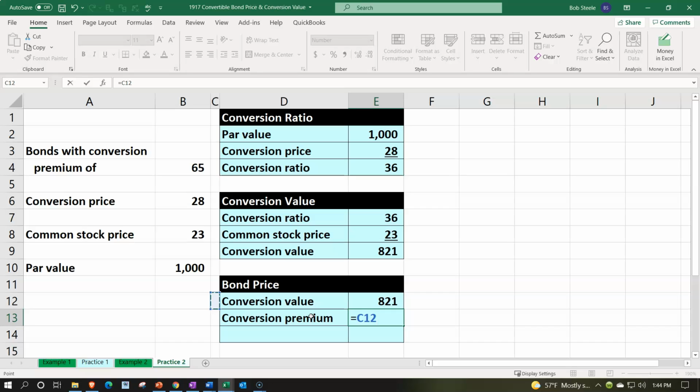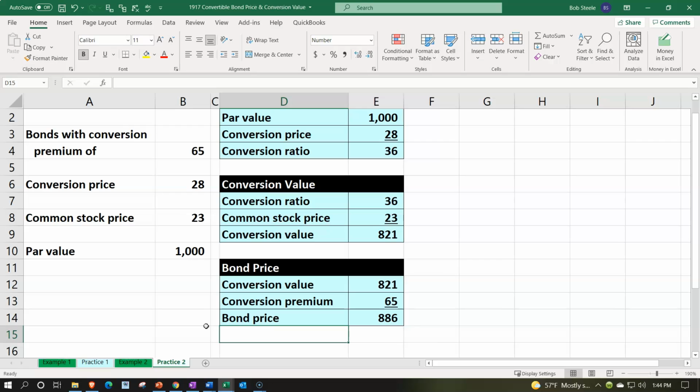We calculated that in a prior presentation. It's given here at 65. We're going to say font group and underline. That'll give us our bond price, which is equal to the 821 and the 65.